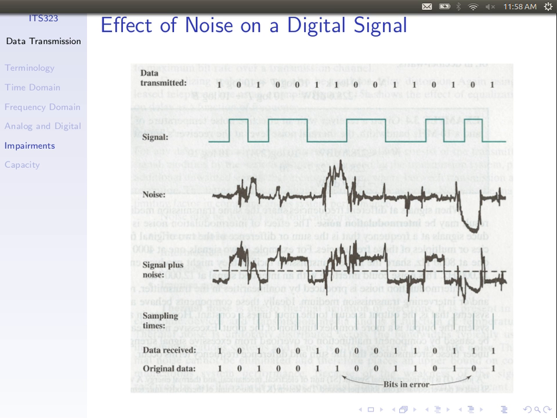The final question here. Given this information, how much noise do we need to get an error? What's the magnitude of the noise needed? The transmitter, ignoring attenuation at least, sends a signal.